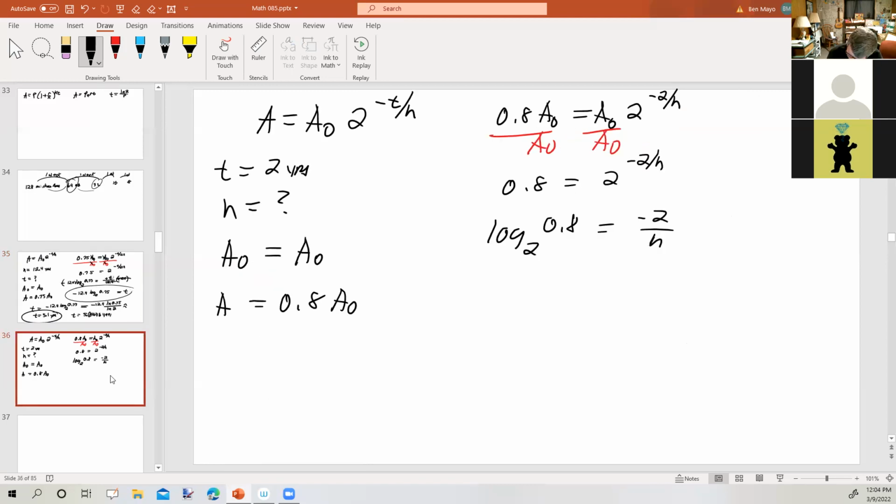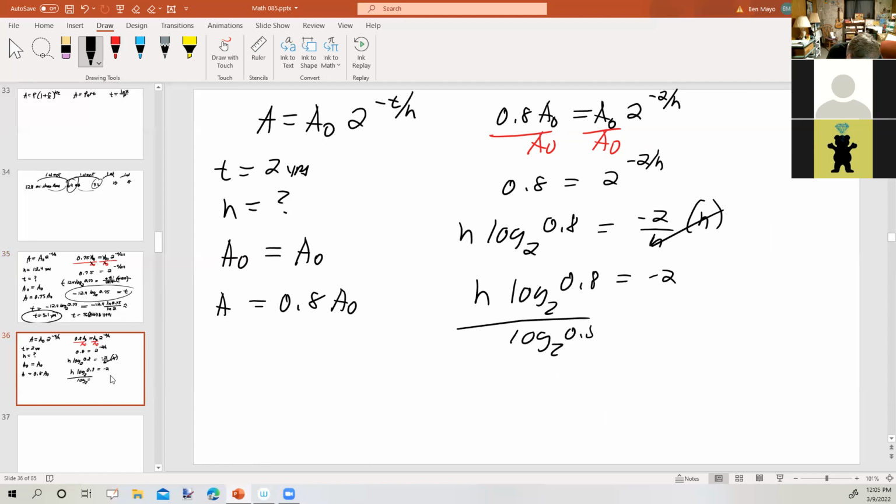Now it's in the denominator, so things are going to be a little trickier. We're going to multiply both sides by h. So I'm going to get h log base 2 of 0.8 equals negative 2. But then I'm going to divide both sides by log base 2 of 0.8. So I have h equals negative 2 over the log base 2 of 0.8.